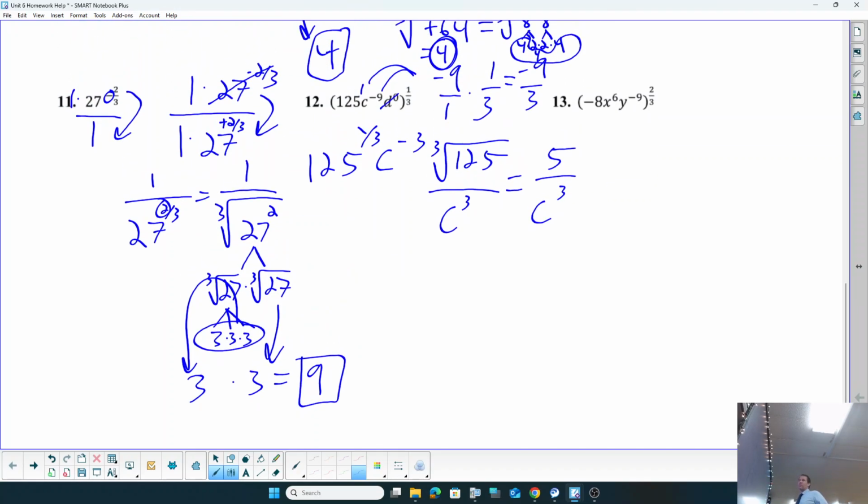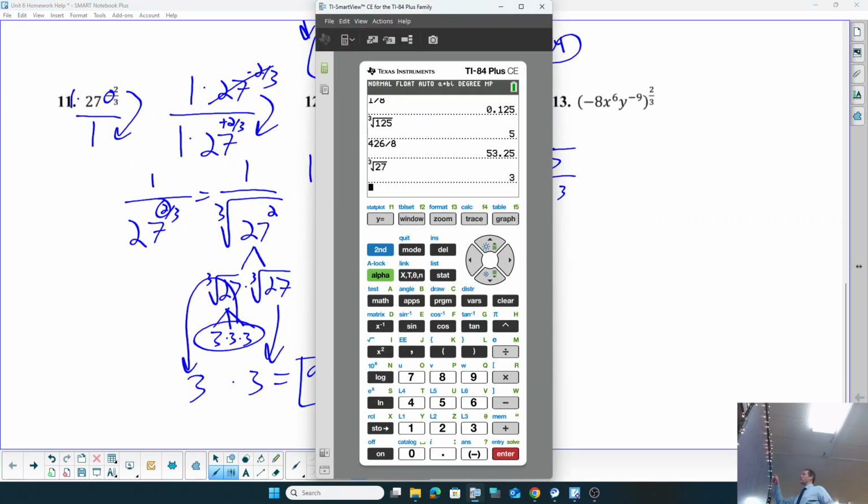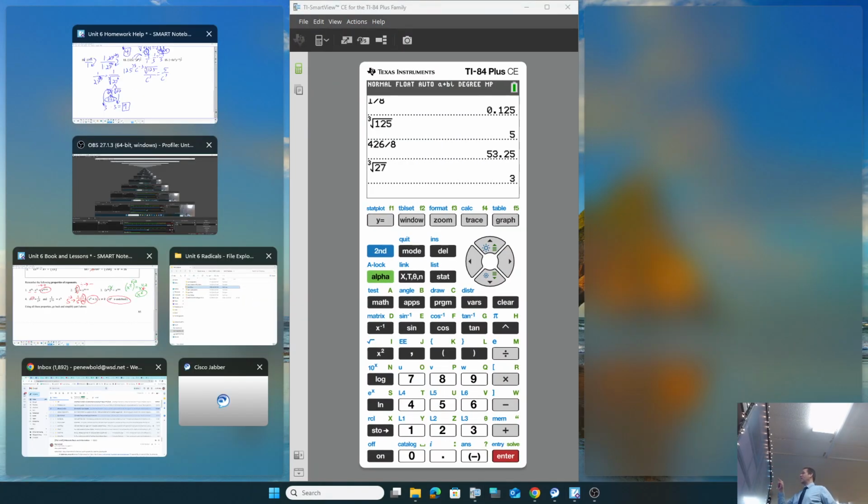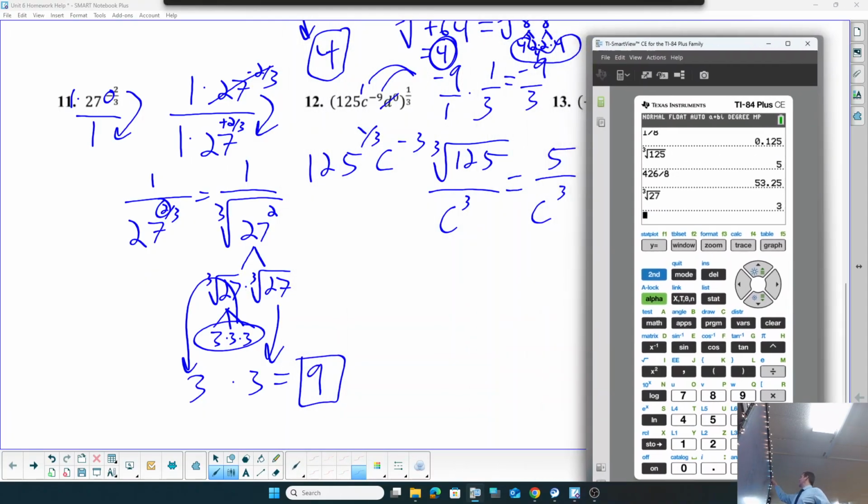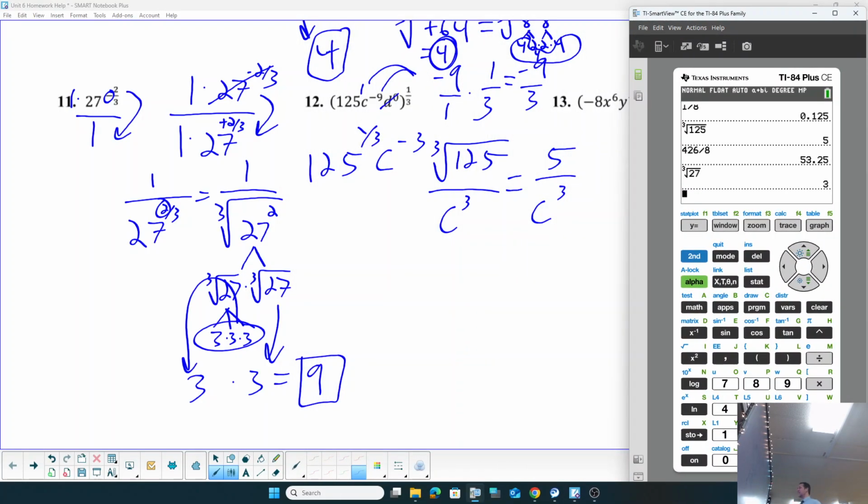If you don't believe me, maybe we could check with our calculator on this one because there's no x's in there. So let's say I wanted to double check. The original was 27 to the -2/3. And so that's 0.11111. Oh, why is that?